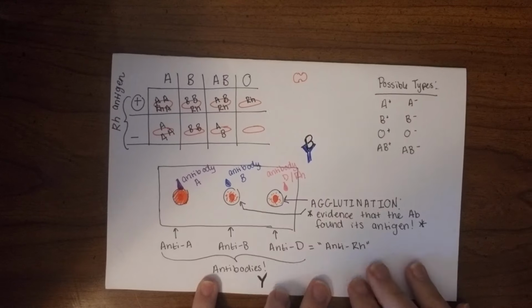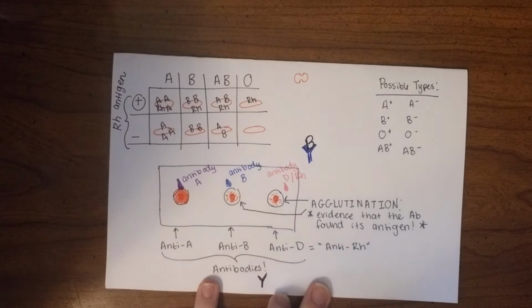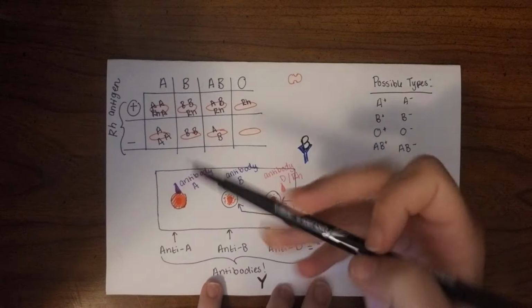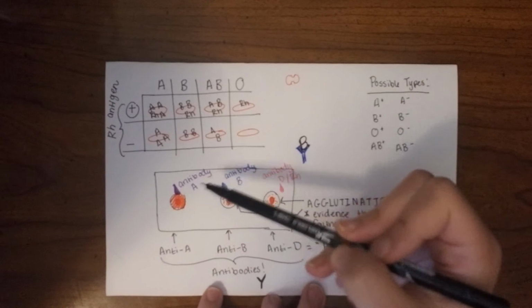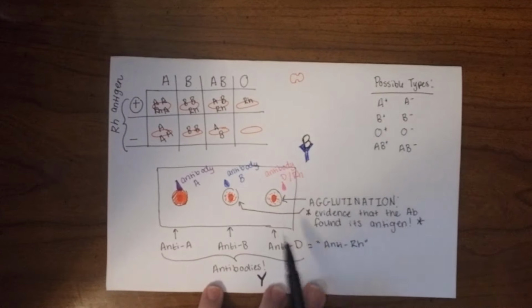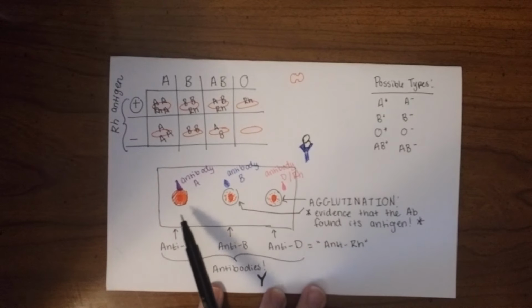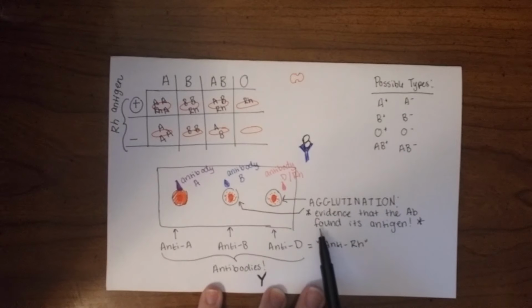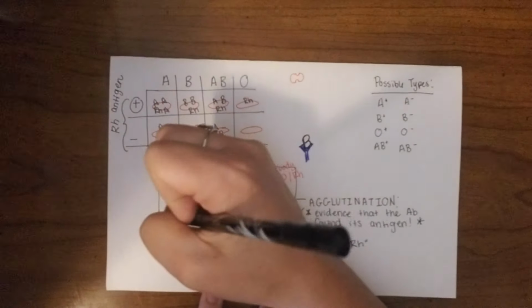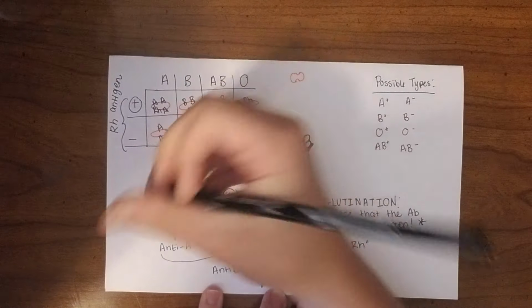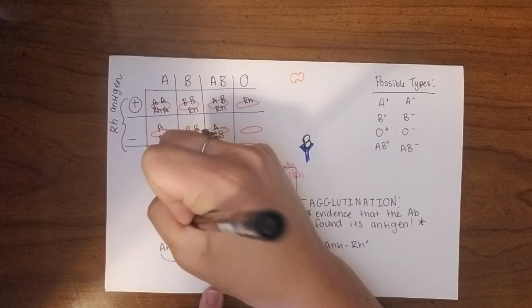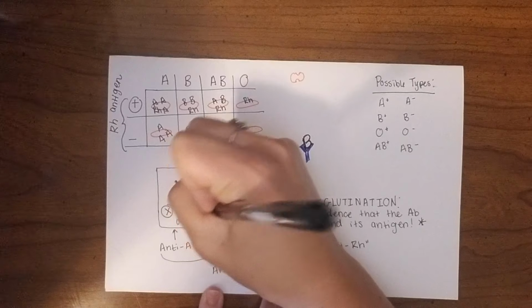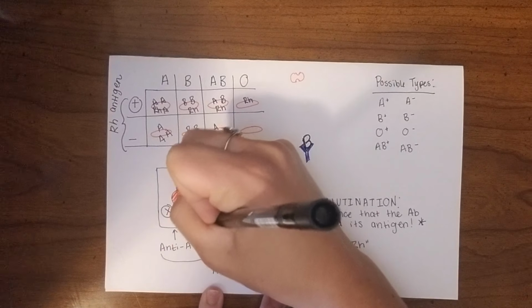Okay? So when we think about this, let's go to antibody A. Antibody A, we put antibodies searching for A antigens onto the blood, and there's no agglutination, there's no clumping. So we can infer that the antibody did not find its antigen. So there were no A antigens present on the red blood cells.